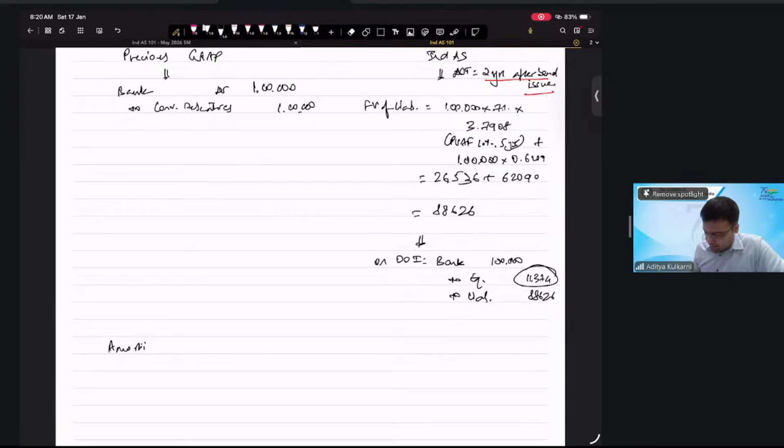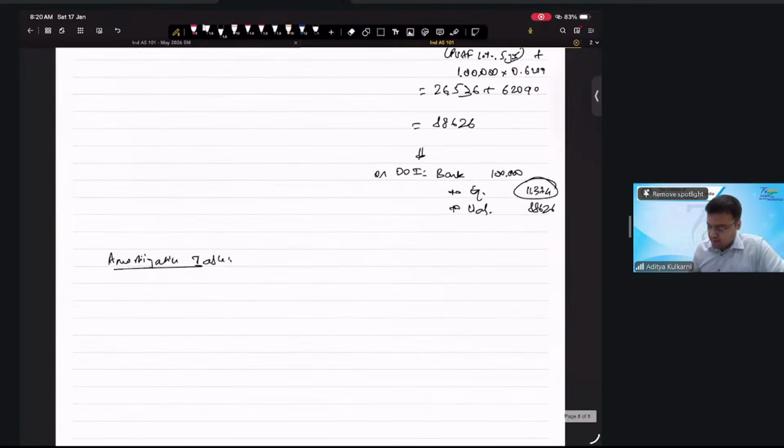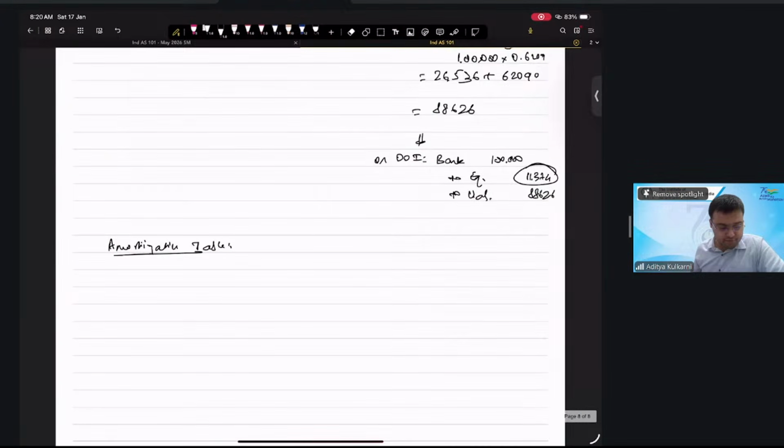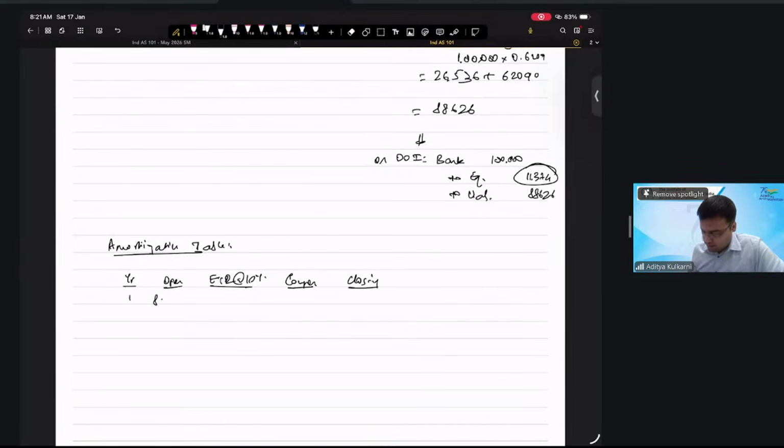So therefore, amortization table. You recollect doing this in financial instruments? Yes. Year, opening balance, unwinding of EIR, unwinding of interest, EIR at 10%, coupon rate, closing. Year 1, opening 88,626, 8,863.